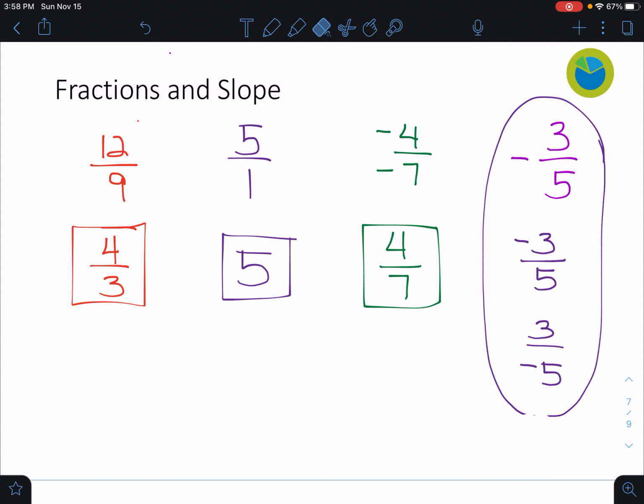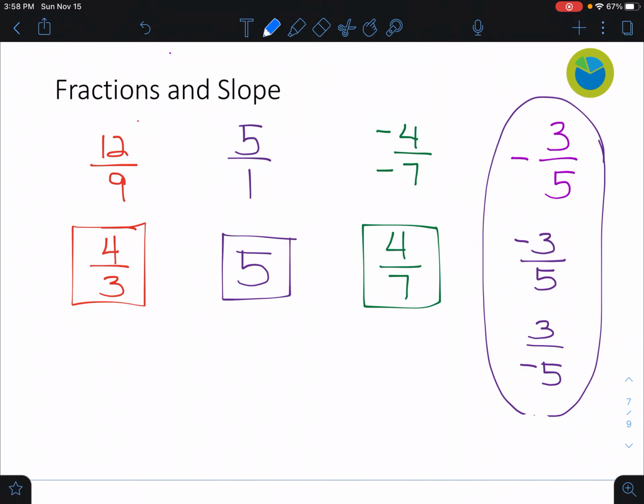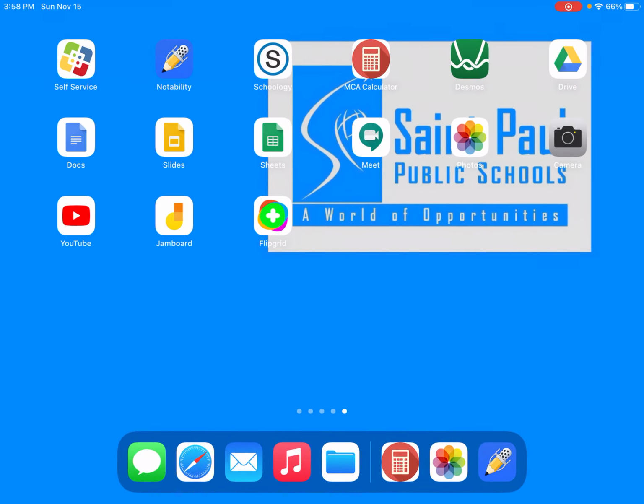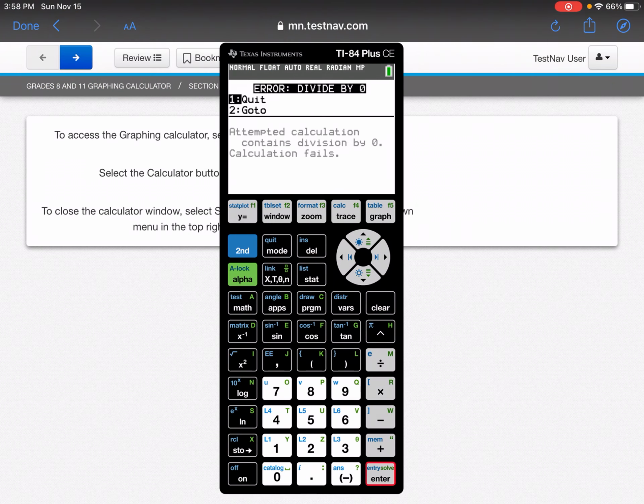And then lastly, let's say you end up with 4/0. What is 4 divided by 0? Well, let's take a look at our calculator. 4 divided by 0. Notice when you try to do this, it gives you an error message.